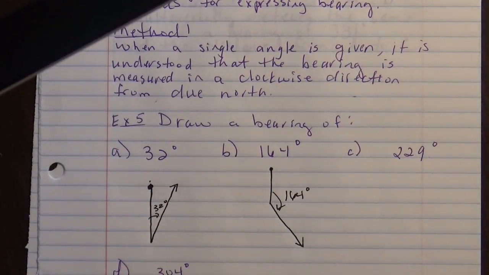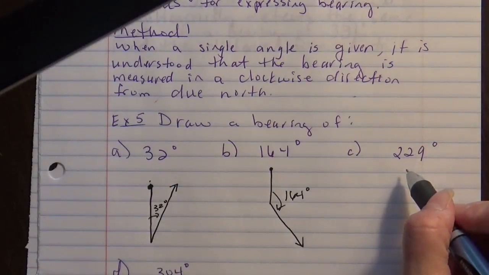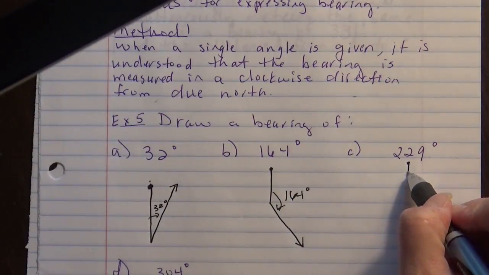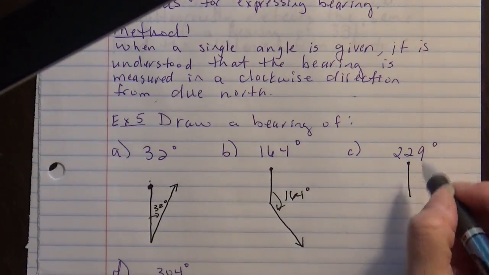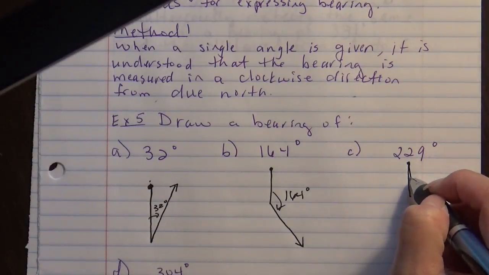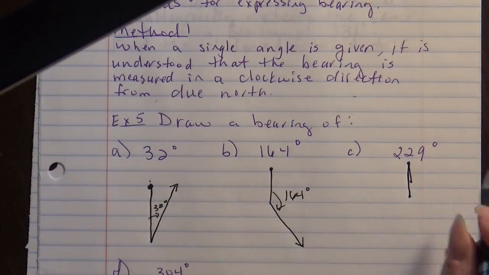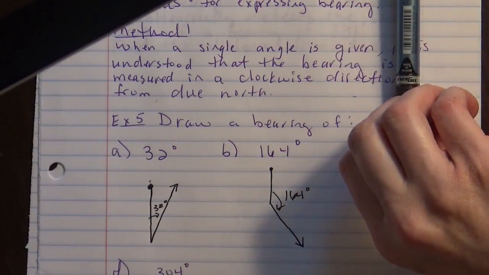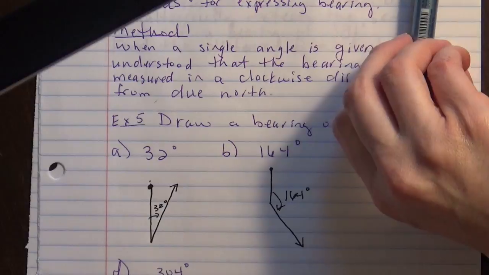In part C, we want a bearing of 229 degrees. Again, we start due north and draw a vertical piece, so one side of our angle is this vertical line from due north. Then from here, we're going to rotate 229 degrees.